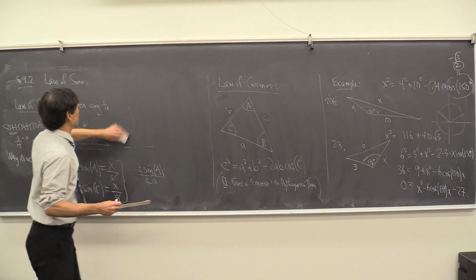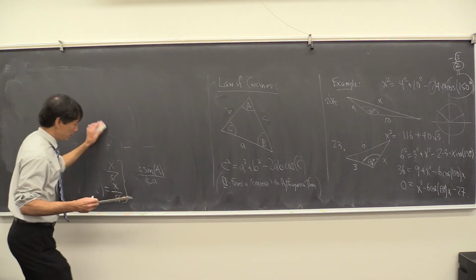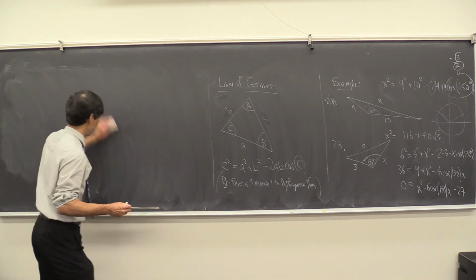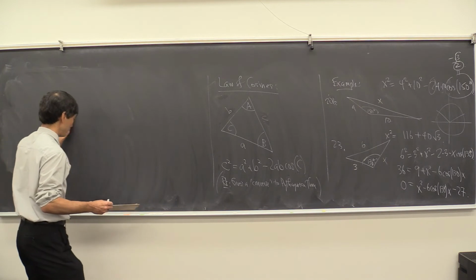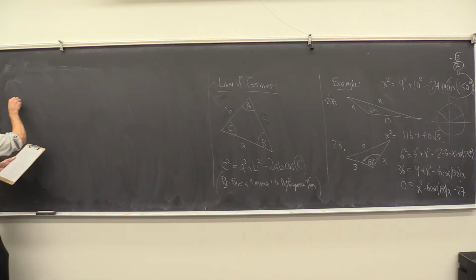I think we do have time to finish up what I wanted to say about the law of cosines. So as usual, the thing is, why should we believe it?